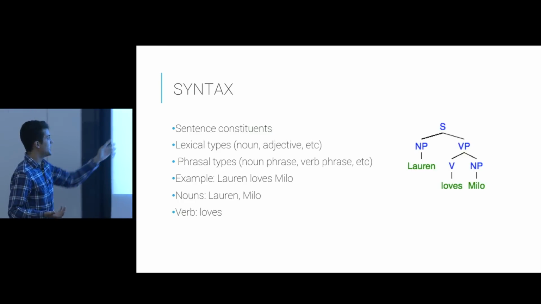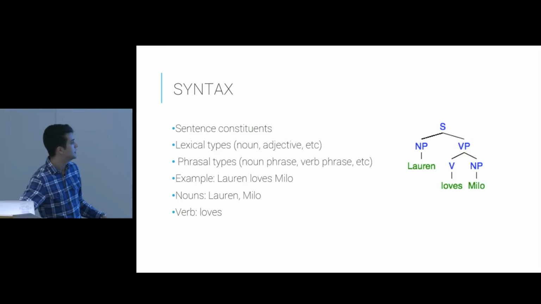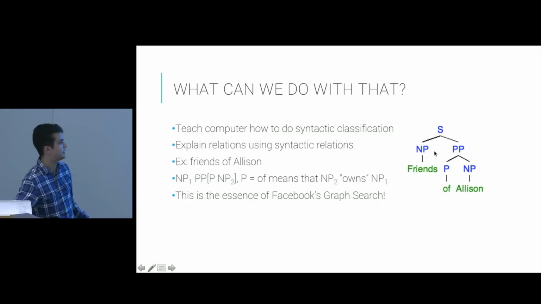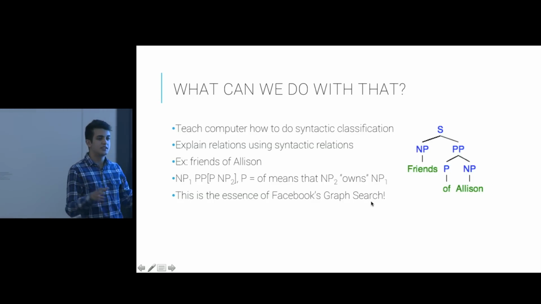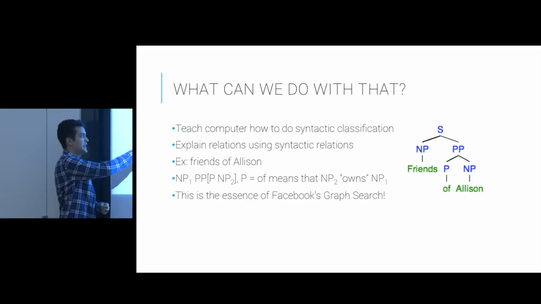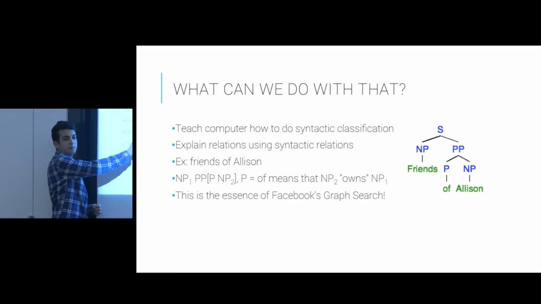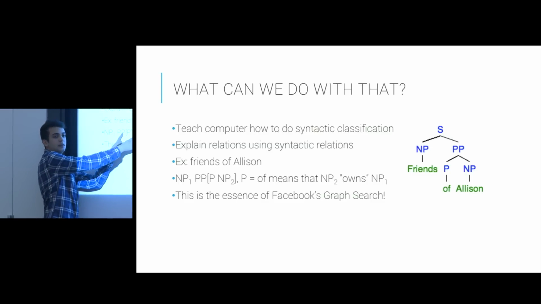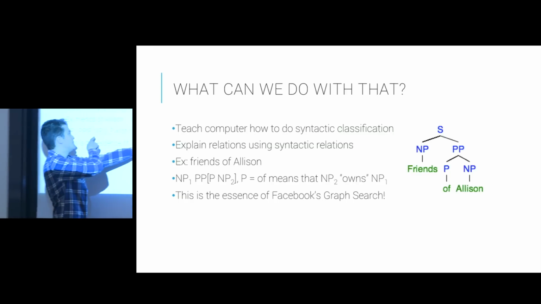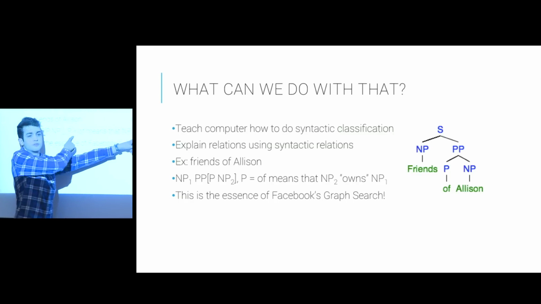So what can we actually do with computational linguistics? If I have something, for example, "friends of Allison," and I just did a syntactic tree, I would know that "friends" is a noun phrase, it is a noun, and then "of Allison" is a prepositional phrase in which "of" is a preposition and Allison is a noun. What I could do is teach my computer that when I have a noun phrase 1 and then a prepositional phrase, in this case friends and then of Allison, this means that NP2, the second one, owns NP1.